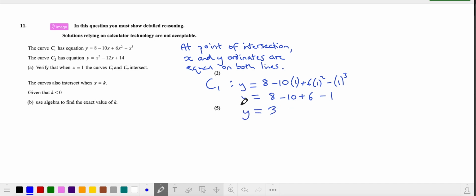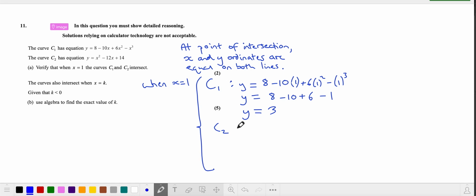Y equals 3 when x is 1. I'm going to put that here as well. I like writing words. When x equals 1. In fact, let's put a nice big bracket around all of this. This is all what happens when x equals 1.